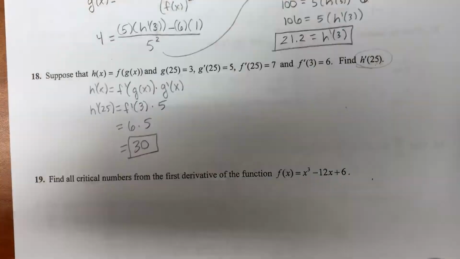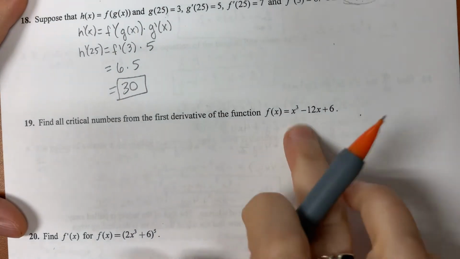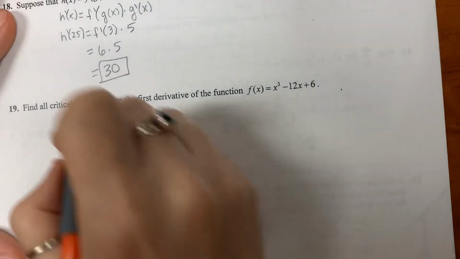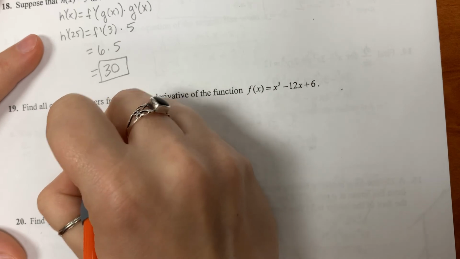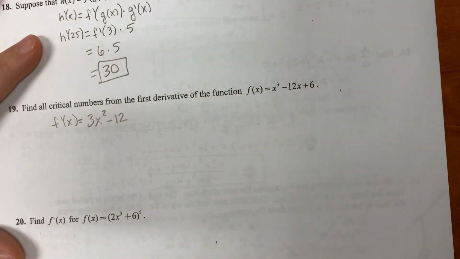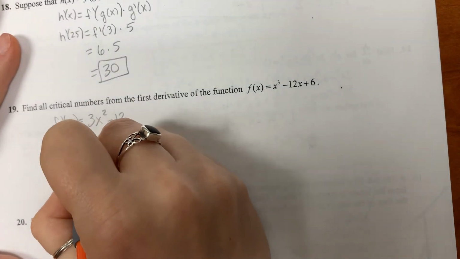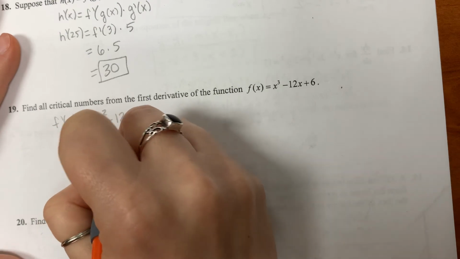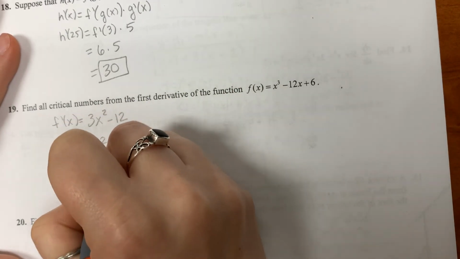Number 19, they want me to find all of the critical numbers from the first derivative of this. So I'm going to do my first derivative, and then I'm going to set it equal to 0. So the first derivative is 3x squared minus 12. And then I need to set that equal to 0. So this would be 3x squared minus 12 equals 0. I'm going to write it out as 3 times x squared minus 4.